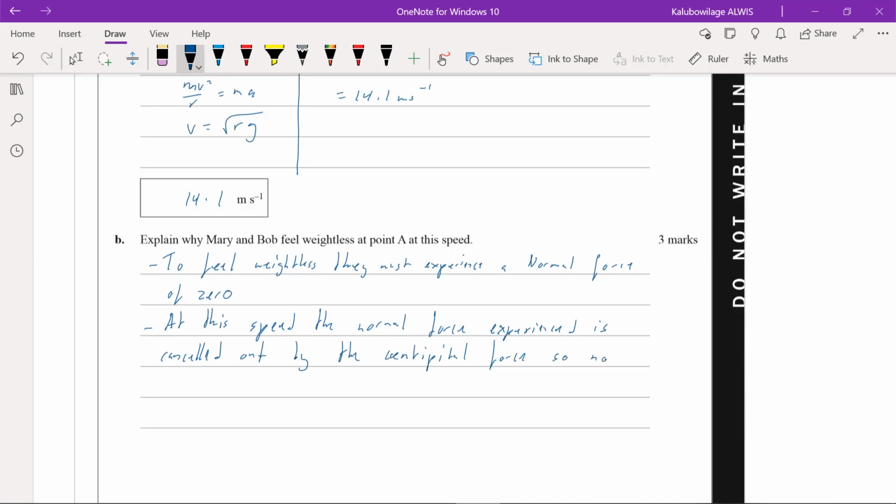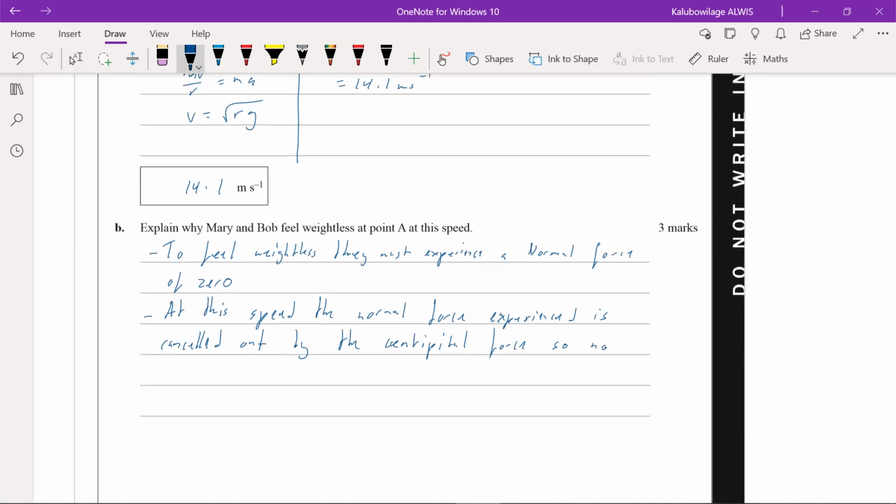So is the appearance that Mary and Bob feel weightless.